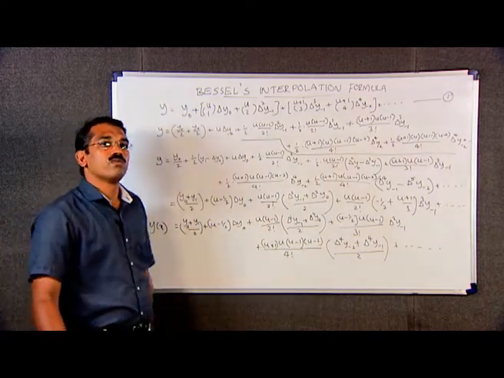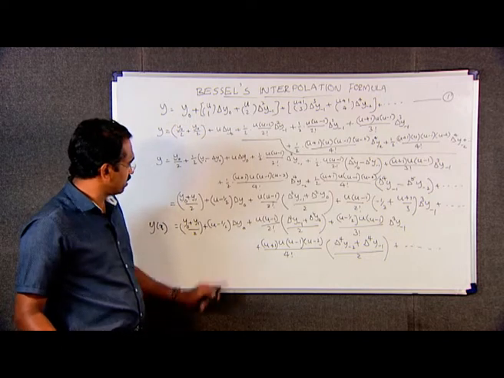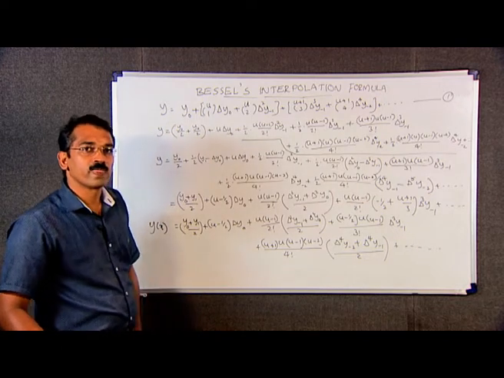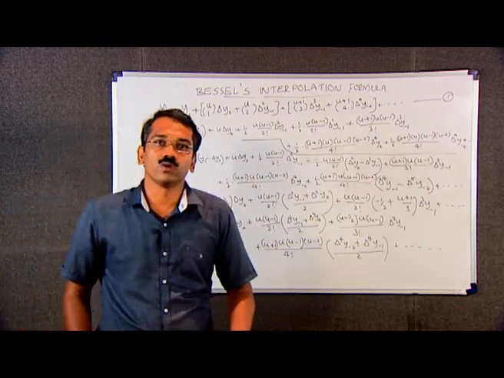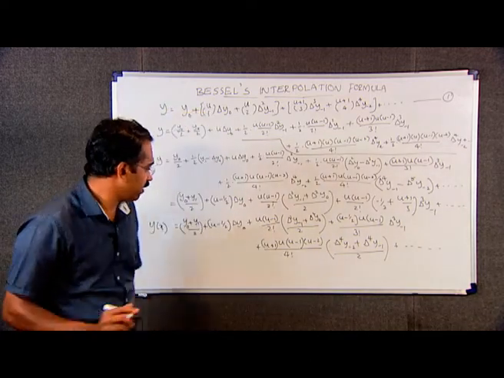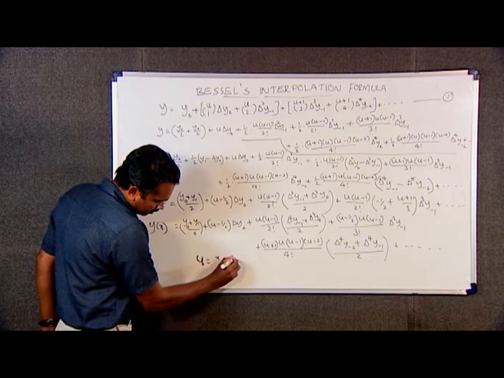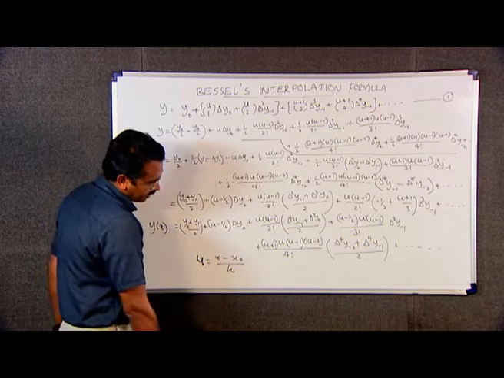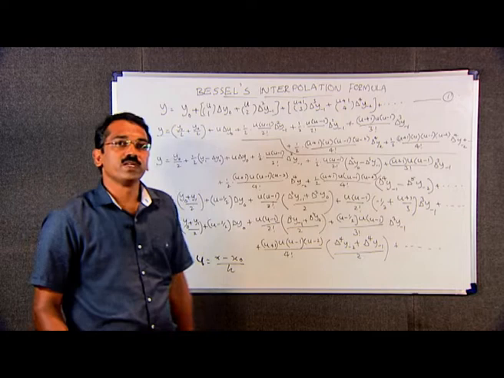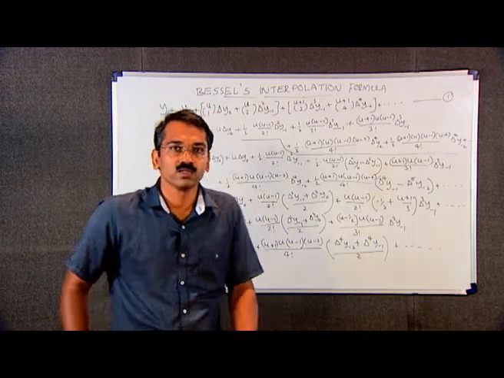Now, when we use this Bessel's interpolation formula, it is better to choose x naught such that the value of u, that is u equals x minus x naught divided by h, lies between 1 by 4 and 3 by 4.